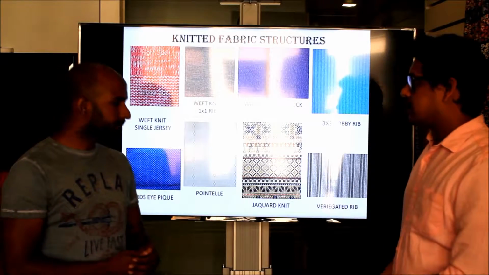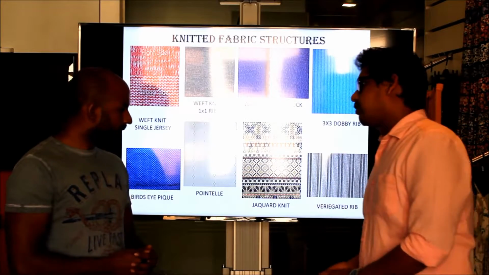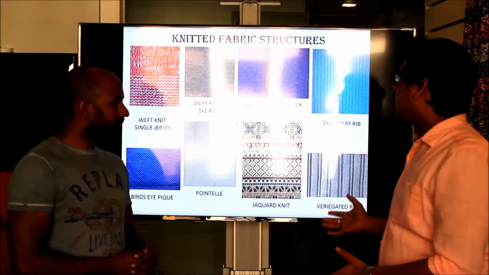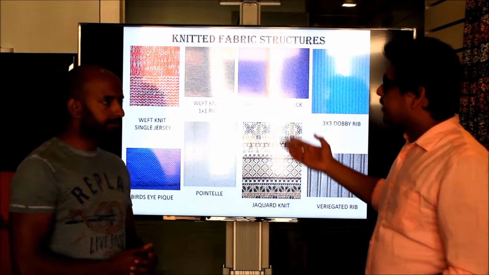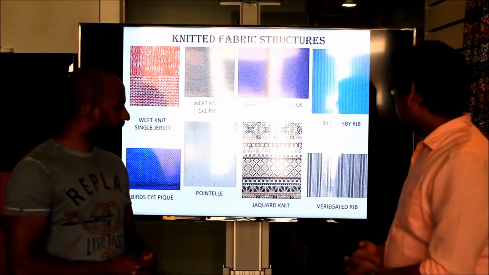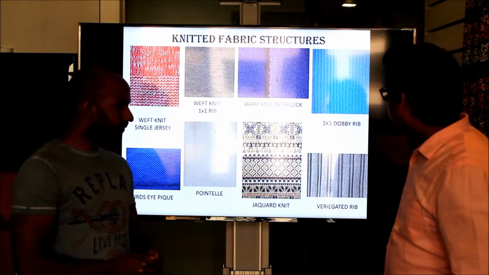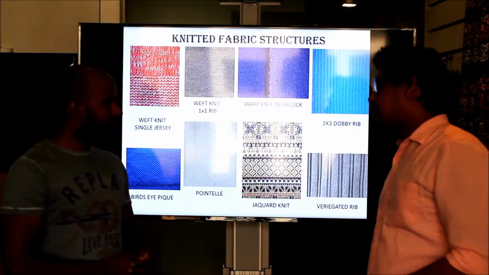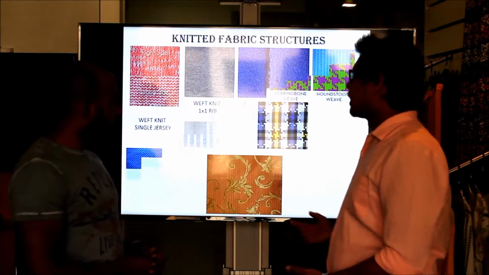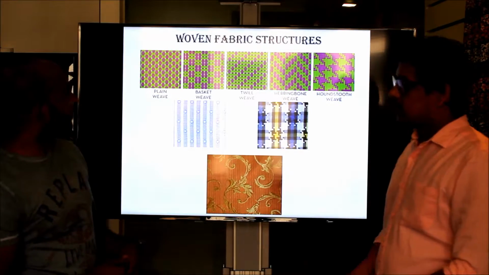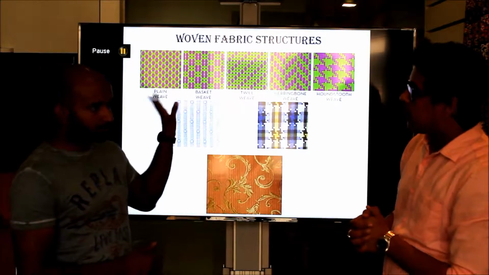Jacquard knit is a very expensive kind of fabric, and it's dimensionally much more stable as compared to the single jersey. Variegated rib, like Dobby rib, has a certain structure, and the stretch and the recovery are much higher. So what we spoke about was knits, basically.